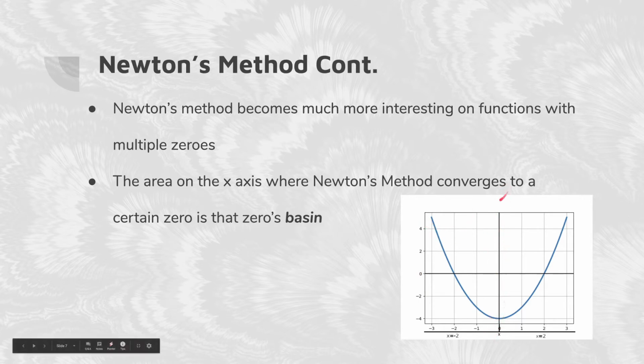If you plug in x naught less than 0, then you will get the root at x equals negative 2. If you plug in x naught more than 0, you'll go down to x equals 2. And if you plug in x equals 0, you won't get anywhere because it's just a horizontal line.